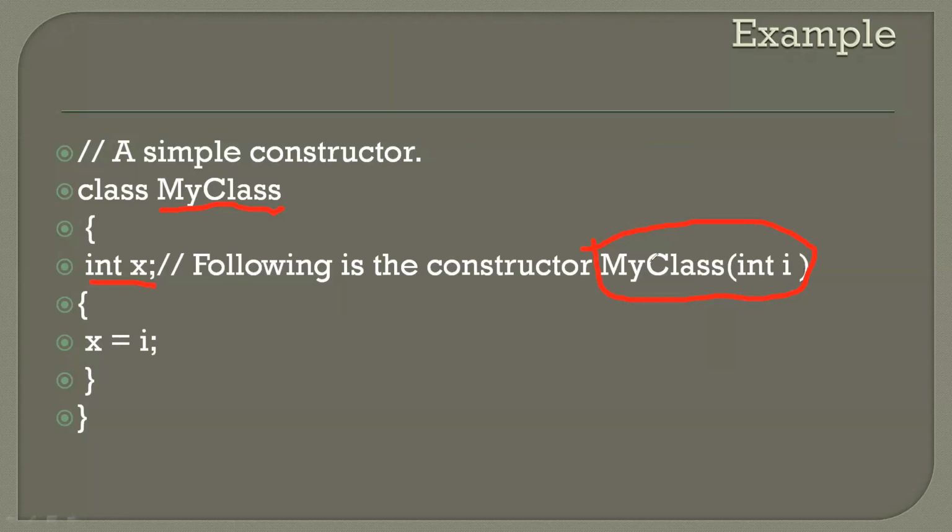The class name is MyClass where M and C are capitals, and the method name is MyClass where M and C are capitals, and this method does not have any return type. There is no void, no int, no float. So there is no return type for this method. So simply we can call this type of method a constructor, right? Class name is same as method name and there is no return type. It is called a constructor.